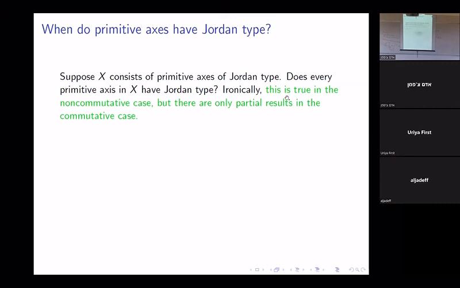This is a very serious question because, suppose we have an axial algebra and we take a primitive axis.